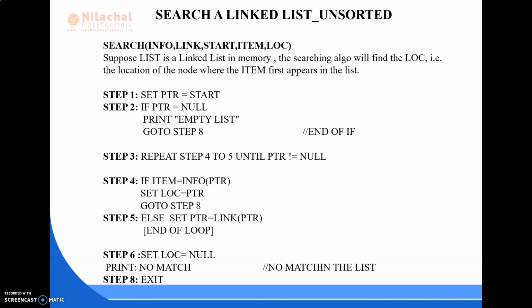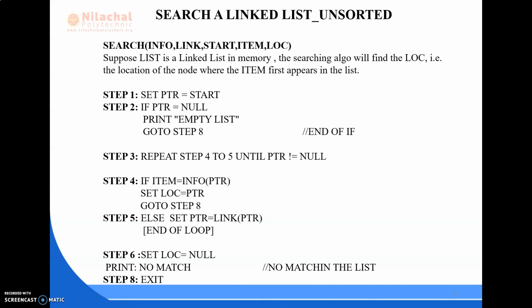Steps 4 and 5 will be continued till PTR becomes null. In step 4, if the item is the info of PTR, that means we have got the item in the info part of the PTR, then we will set the PTR as the location and we will exit. That means the item is found.